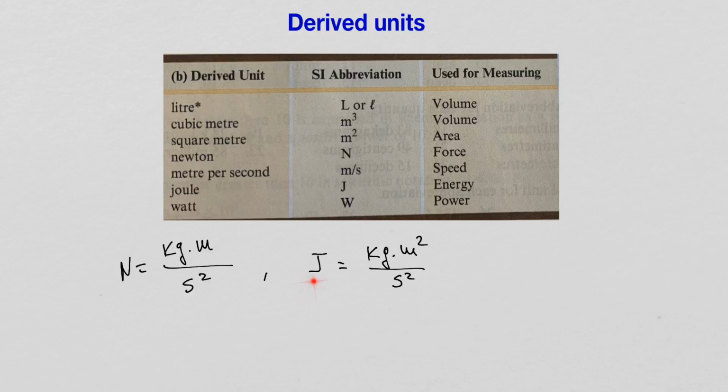The joule, which is the unit for energy, is made from the product of the unit for mass, the kilogram, and the unit for length to the 2nd power, so meters squared, divided by the unit for time to the 2nd power, or seconds squared. So you see how these derived units are made from some sort of combination of basic units.